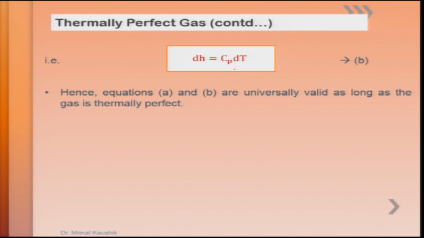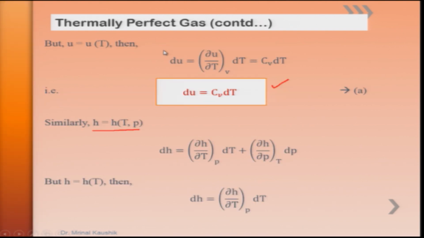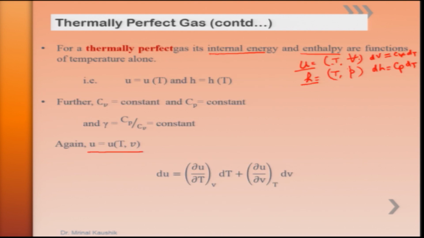Why is that so? The earlier case was a general case where both u and h were dependent upon two variables, and these two equations came through when the process was isochoric in the first case and isobaric in the second case.